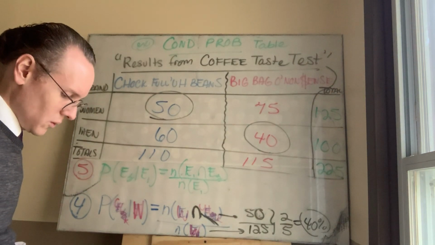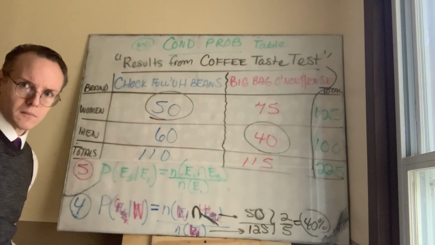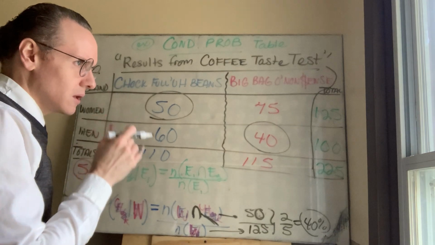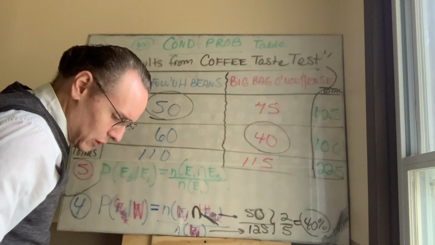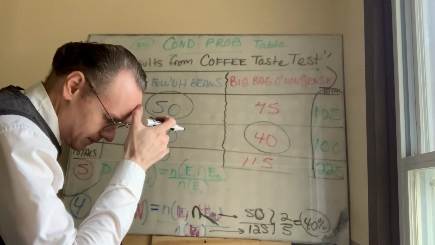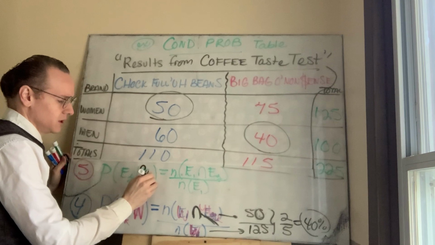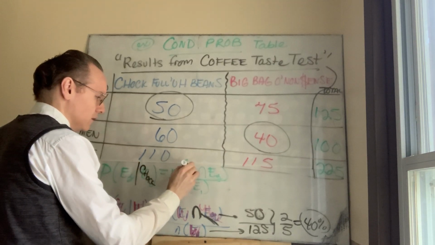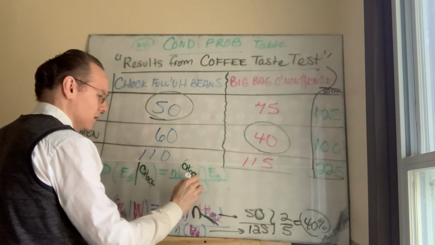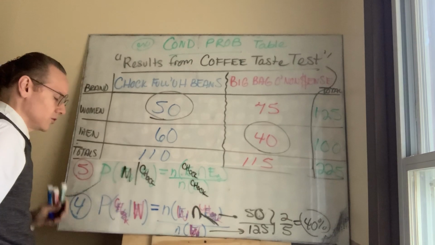Since chock full of beans in this context is following the word given, then chock full of beans is what is going to be E1. So that means that you would put chock here and chock here. And men would be E2.